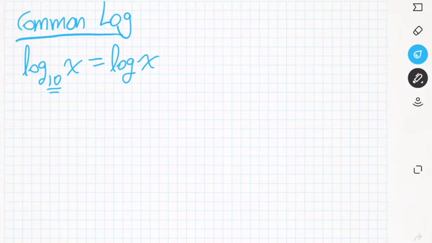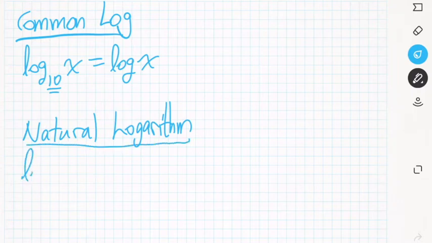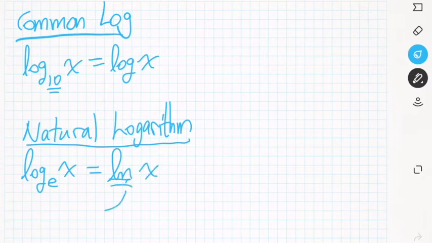There's also something called the natural logarithm, or the natural log. And the natural logarithm is a log whose base is this special number e, and we're going to rewrite it as just ln of x.